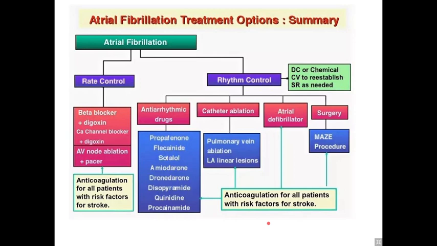We said 30 seconds maybe, but a 30-second paroxysm also increases risk of thrombosis, and this increases risk of ischemic stroke. And because of it, if your patient has risk factors of thrombus, we recommend anticoagulation therapy, even if your patient is in sinus rhythm, but with history of atrial fibrillation. This is very important.